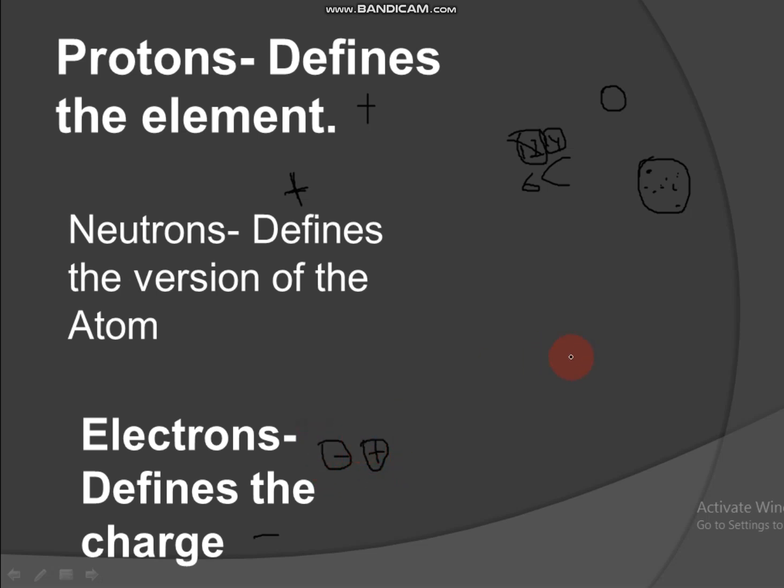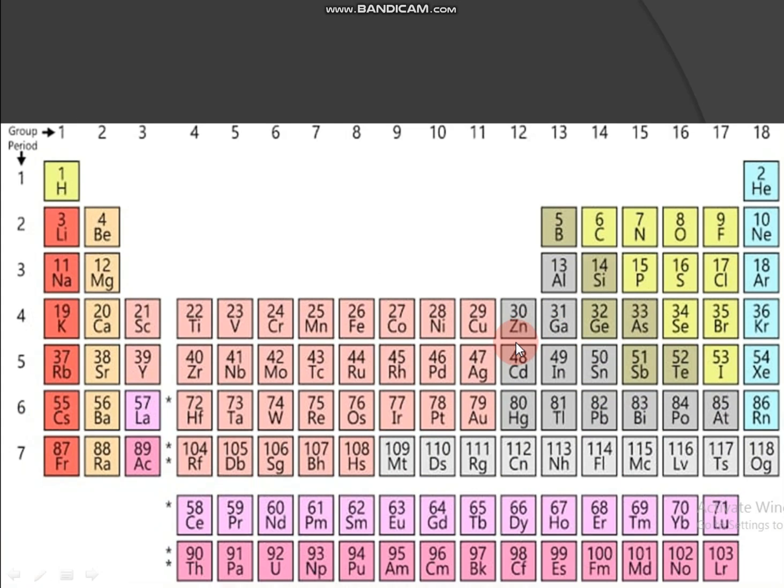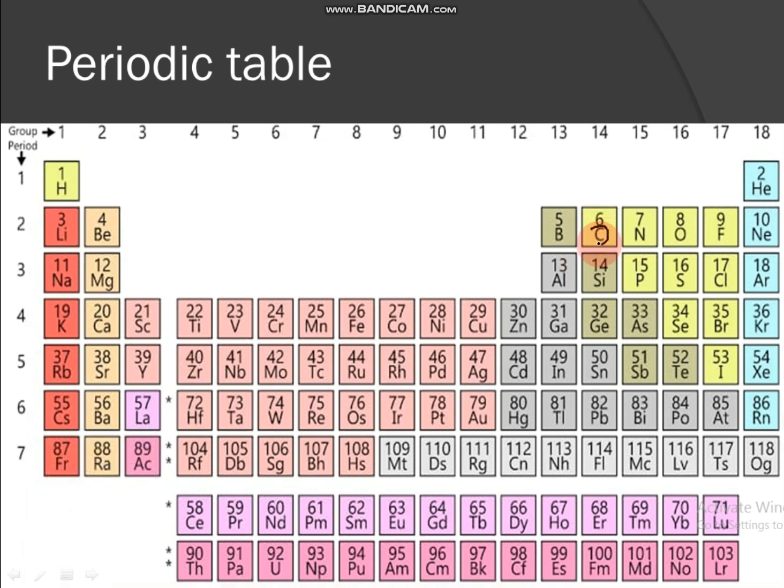So let me show you the periodic table again. I will tell you some of the most common elements. This is carbon, this is nitrogen, this is oxygen, this is fluorine, this Al is aluminium. What is the Au?